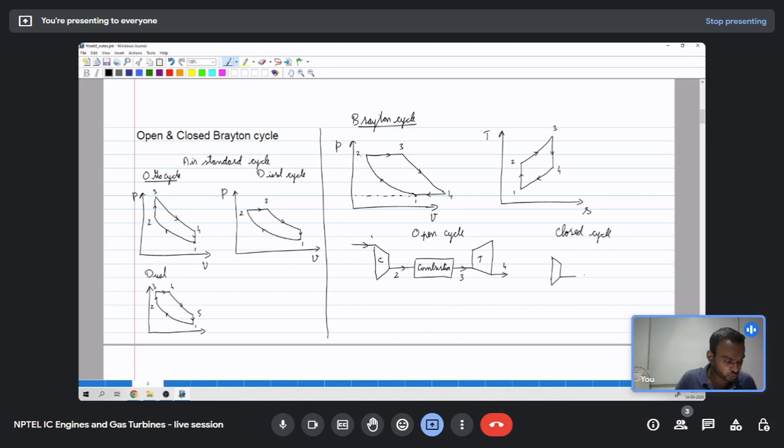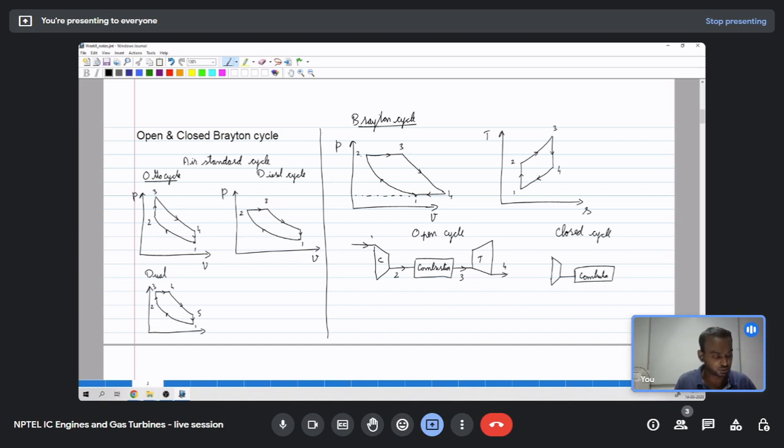So depending on the working fluid, if the working fluid is just air, then they generally let it out to the atmosphere, and we can avoid having another heat exchanger and sending it back. But there are some gas turbine cycles which run on carbon dioxide or some other working fluid.